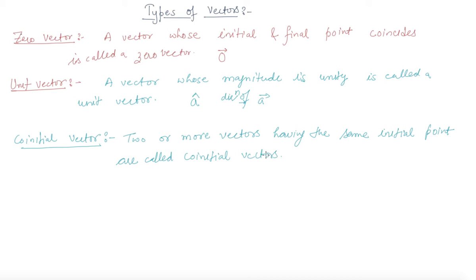Means they are starting from the same point. Let's say this is vector A, this is vector B. These are starting from the same point, so these are co-initial vectors.